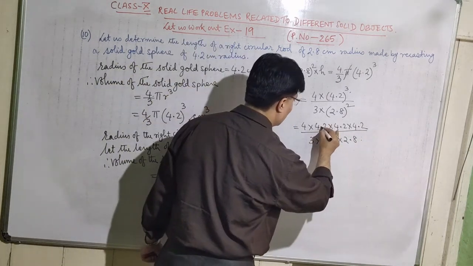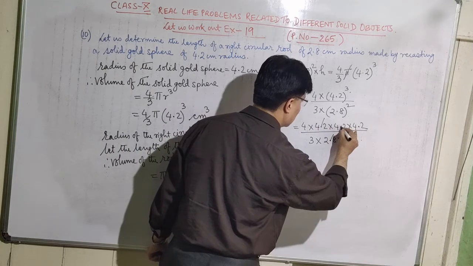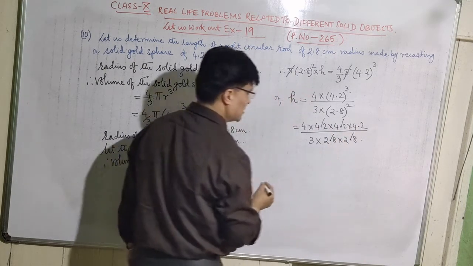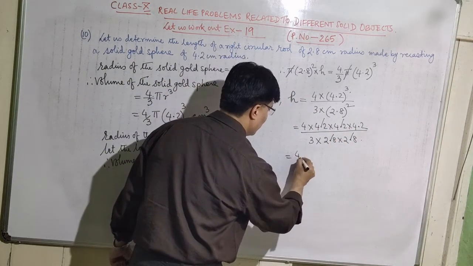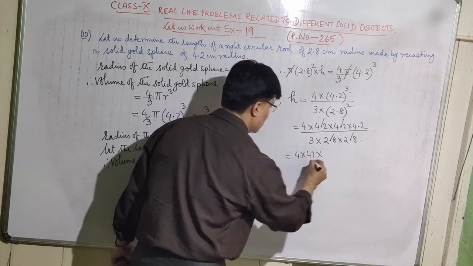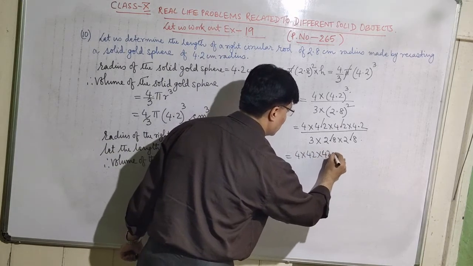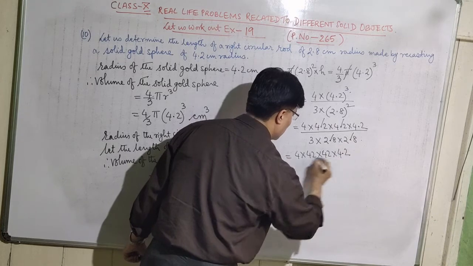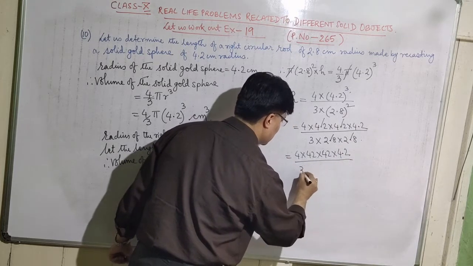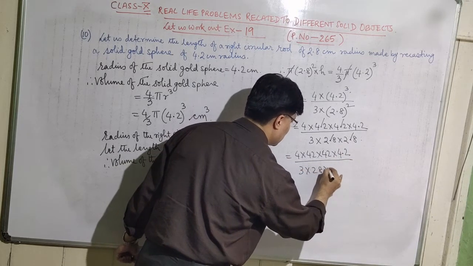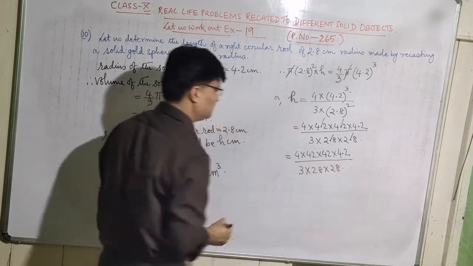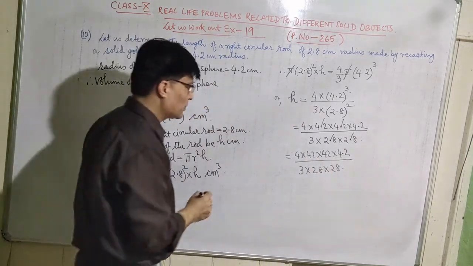So here after the decimal point there is one figure, this point gets cancelled, this point gets cancelled. So which is equal to 4 into, this is your 42 into 4.2 divided by, this is 3 into 28 into 28. Clear?